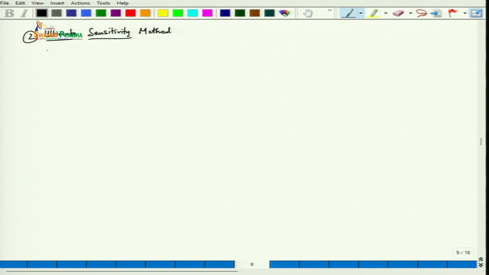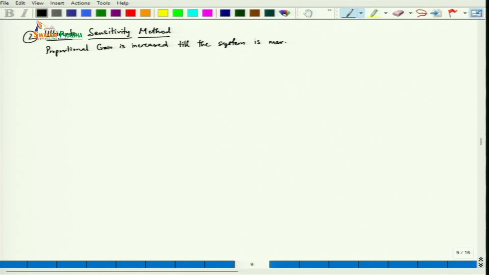So in this case, the proportional gain is increased till the system, that is the entire closed loop system, is marginally stable.